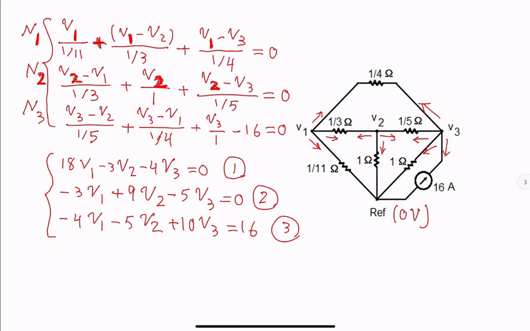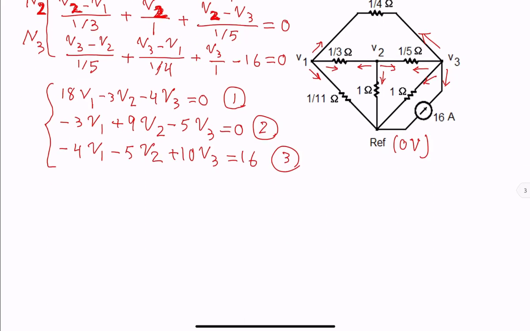Now, let's eliminate V1 through these equations. We have 18 in the first equation, negative 3 in the second equation. So let's multiply the second equation by 6 to change that negative 3 to 18.